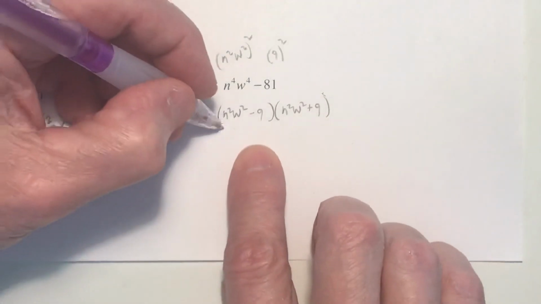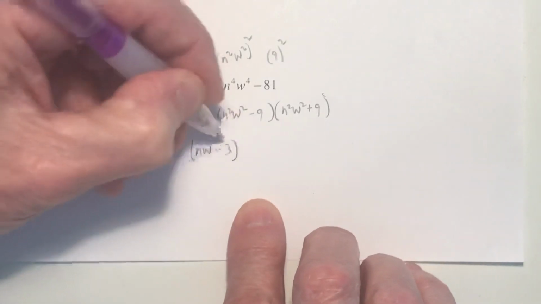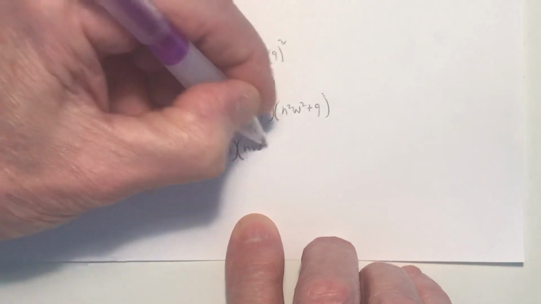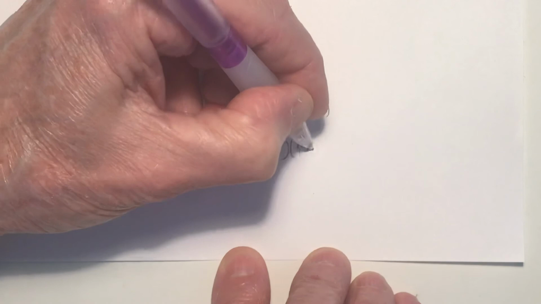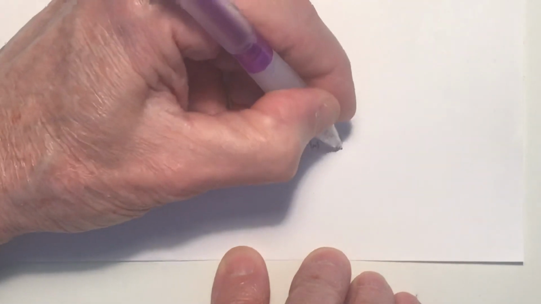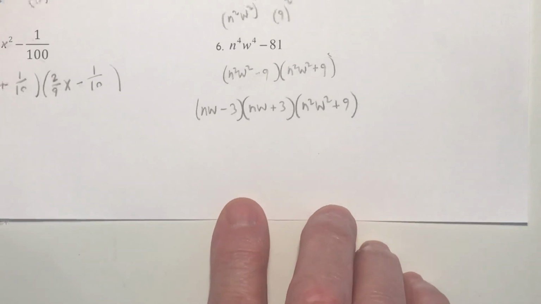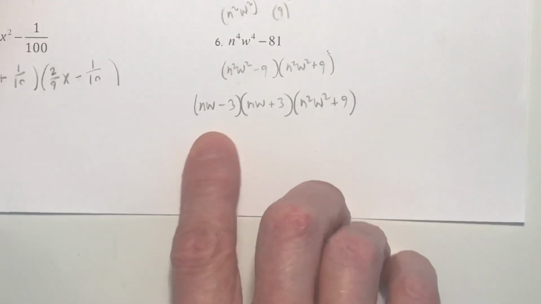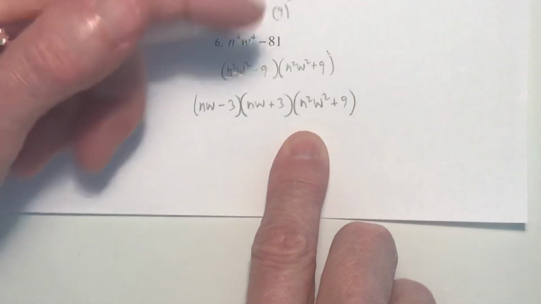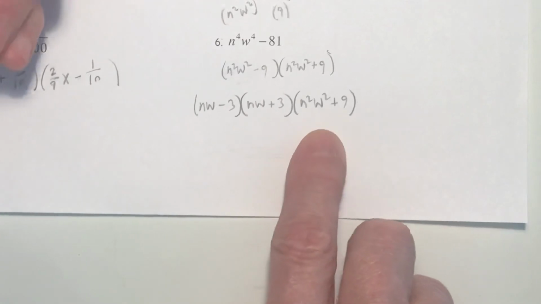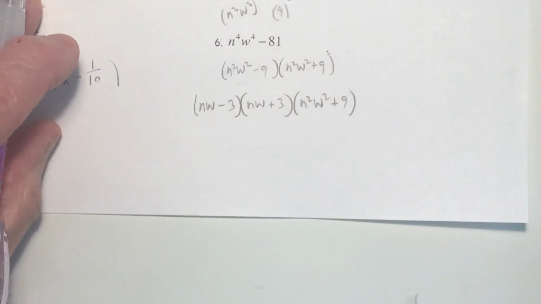But this, I can rewrite this: nw minus 3, nw plus 3, n squared w squared plus 9, and then there was nwa, but that's a whole other story. There, this is factored as much as possible. Remember, this stops right there because it's a sum of squares. That's the end of page 1.